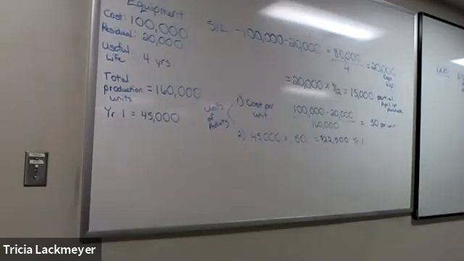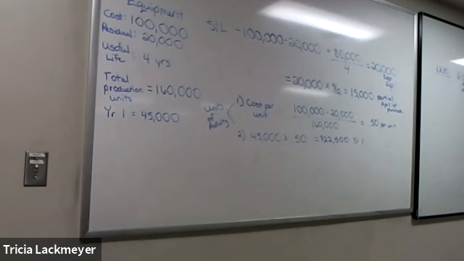Does anyone remember how to do that? Just calculating the straight line rate of depreciation. Yeah, 100% divided by the useful life, which in this case is 4. So 100% divided by 4 is 25%.